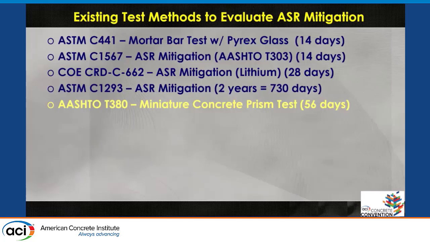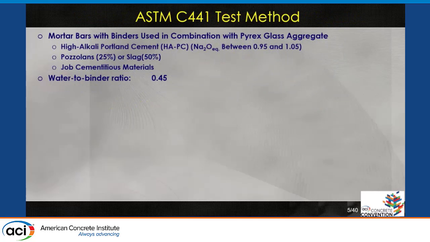Let me refresh your memory a little bit with the ASTM C441 test method. This is a method where you make mortar bars with different types of binders depending on what you're looking at, using Pyrex glass aggregate. Pyrex glass is a very reactive aggregate.